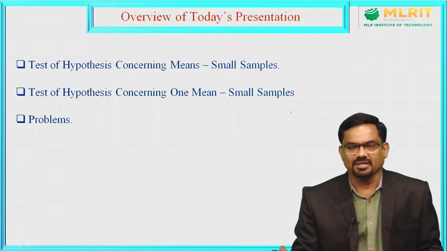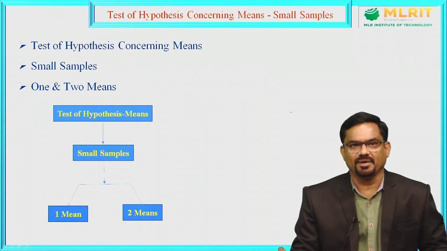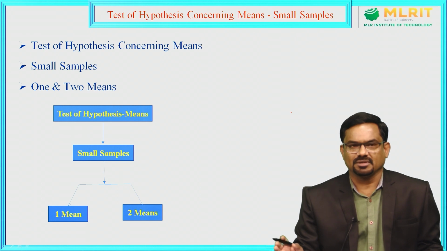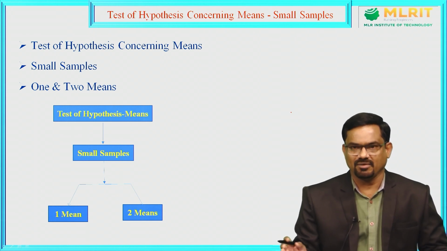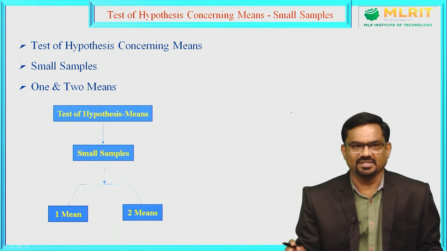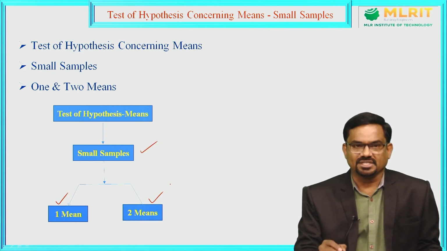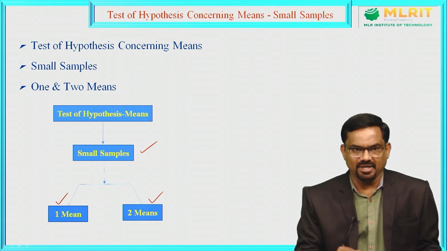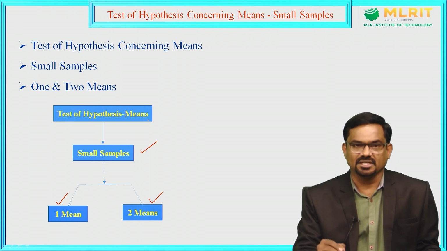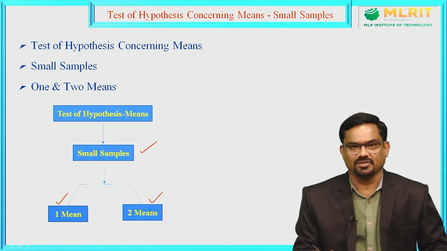and also the particular case. Testing of hypothesis concerning means has two types: one for large samples and the other for small samples. We completed large samples in the previous sessions. So testing of hypothesis concerning small samples covers one mean and two means.